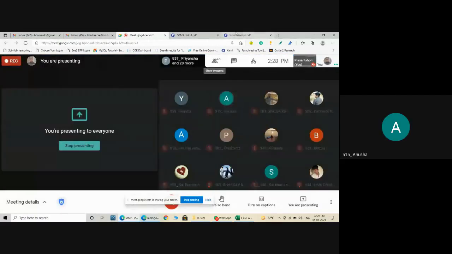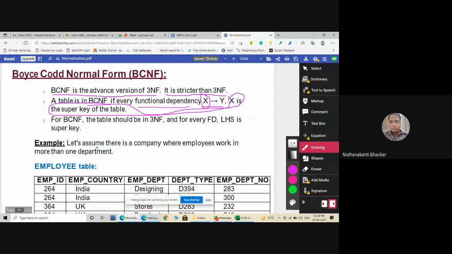Yes, sir. Now, for BCNF, the table should be in third normal form, and for every functional dependency, the LHS, meaning left-hand side, is a super key.